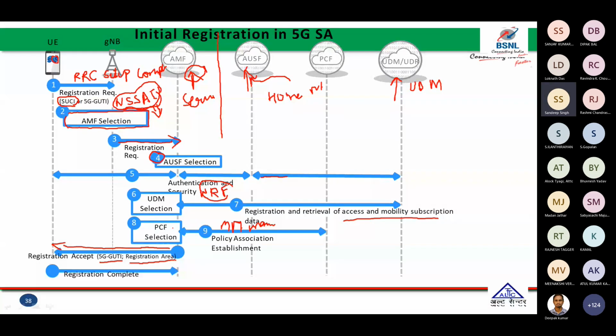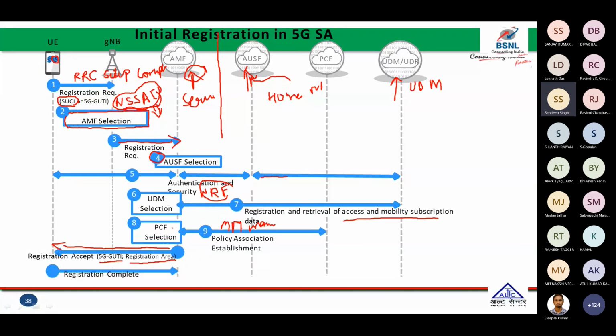When the UE moves from one registration area to another registration area, the registration request is initiated from the UE. One registration request initiation from the UE is when the UE enters from one RA to another RA. The second initiation is when the UE powers on their phone for the first time. And the third one is the periodic registration area update, based on a timer that is known in 5G as the T3512 timer.